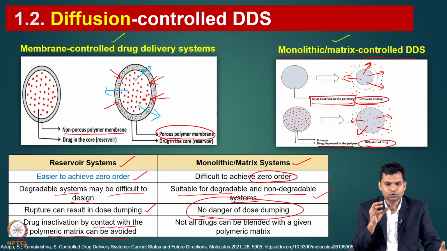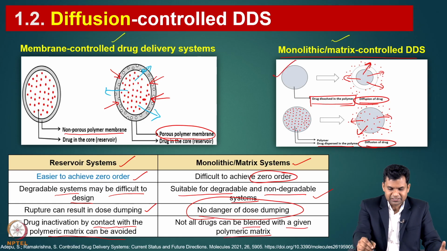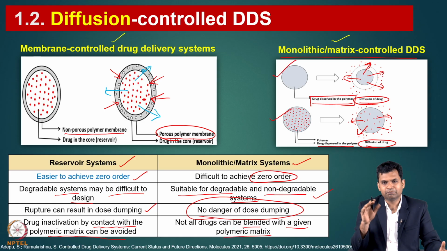We need to consider that during the selection of polymer. Not all drugs can be blended with the given polymer matrix. So here there is a limitation, we cannot blend some drugs which may interact with the polymers in case of monolithic or matrix systems. In such cases we need to look for the right polymers for designing monolithic or matrix controlled systems.